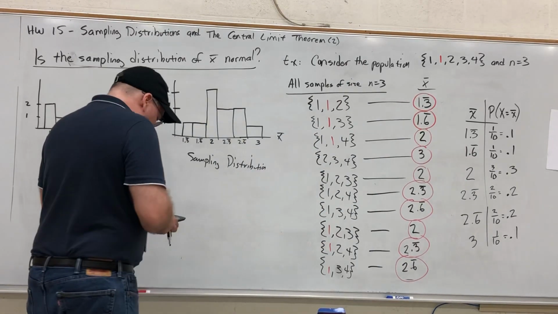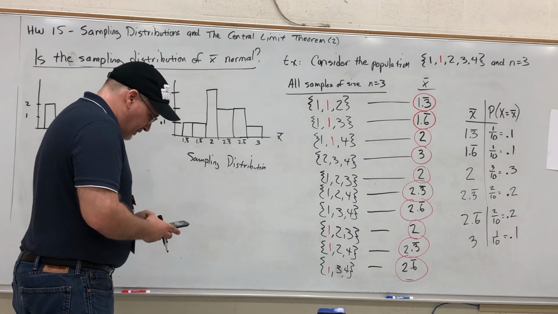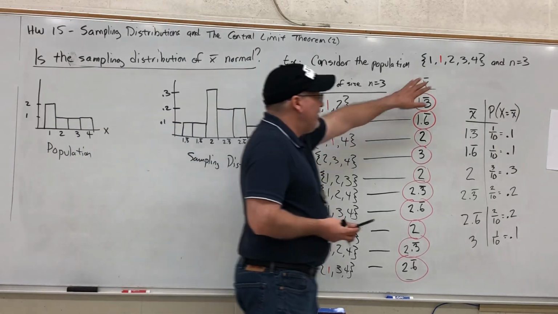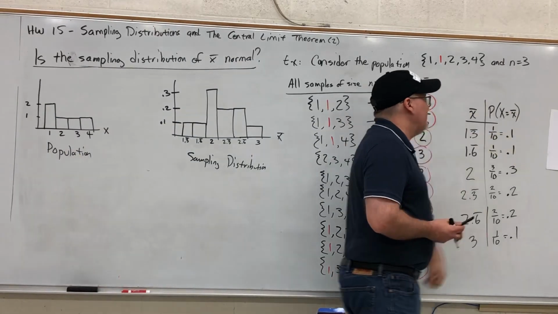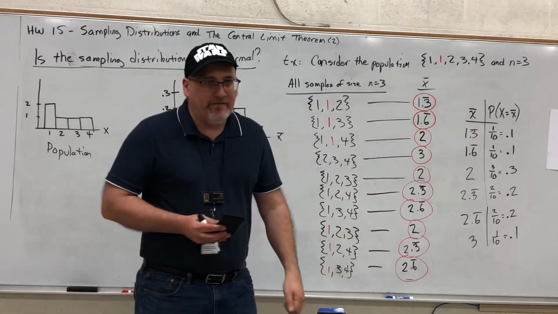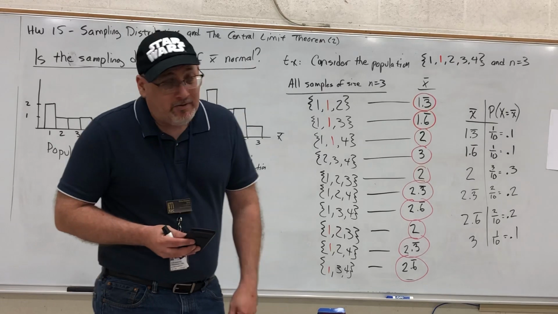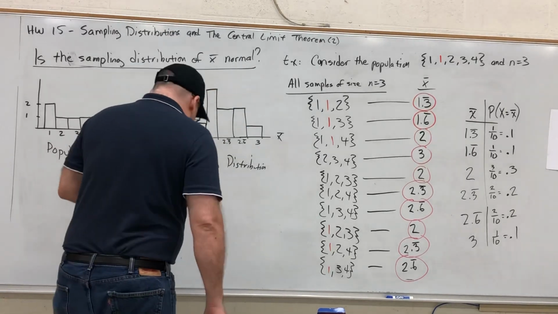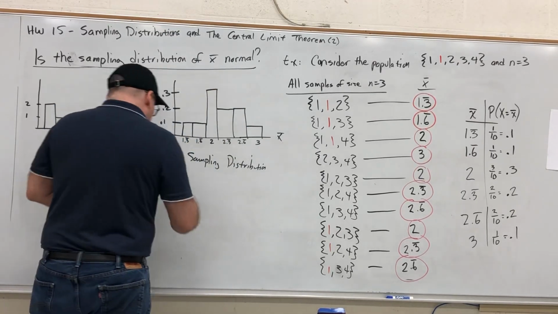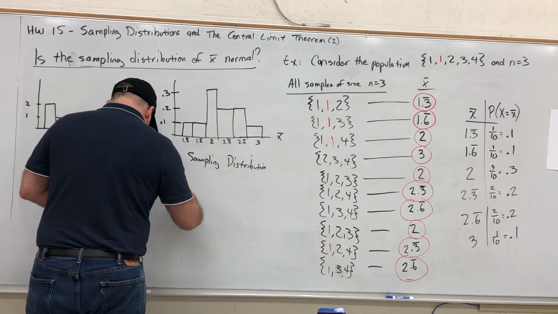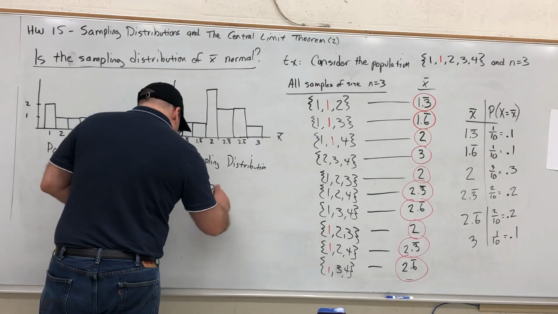Let me make sure I did this correct. I did. So if our population had 500 numbers and we picked every sample of size 10, how many samples do you think we'd have? 500? 5,000? A million? I'm going to write down how many samples we would have. 2, 4, 5, 8, 1, 0, 8, 8, 8.